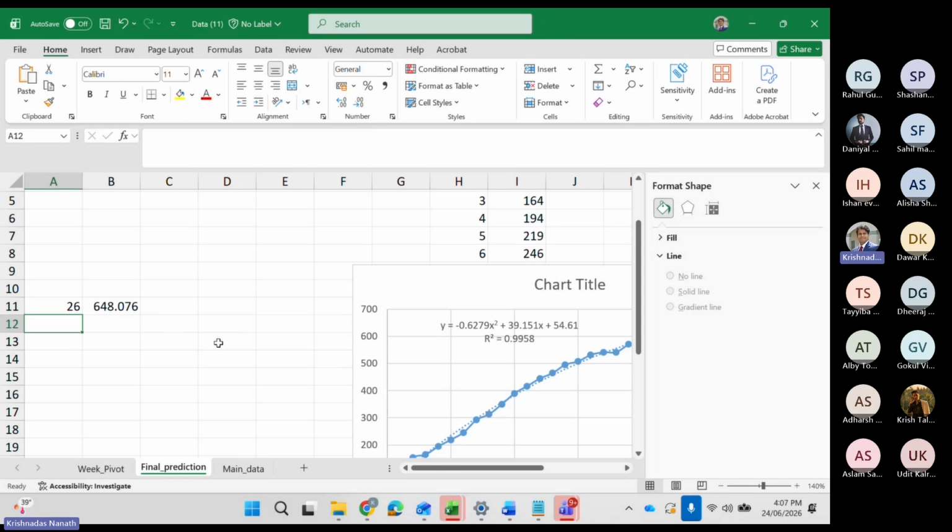Let's do that. Now I will change 26 to 27 and observe the change. 653. Absurd prediction or okay prediction? Okay prediction, no problem. I make it 30. Decent prediction. I make it 100.